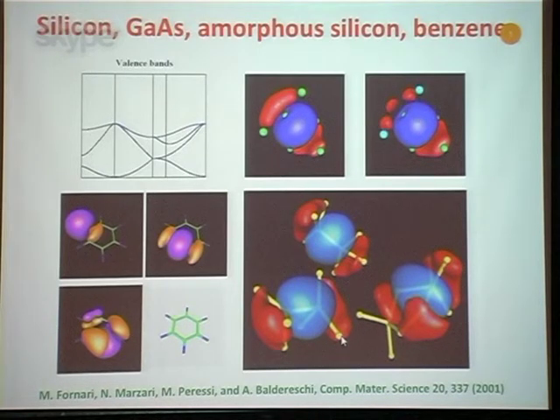But the power of this, of course, is not to study molecules, but to study crystals and periodic systems. So these are actually some of the first applications that were done by the group of Michele Parrinello. In particular, on the left, again, is amorphous silicon, where the Wannier functions, I don't know if you can see them in the top 2 panels, can sometimes look exactly like covalent bonds and sometimes look like lone pairs.